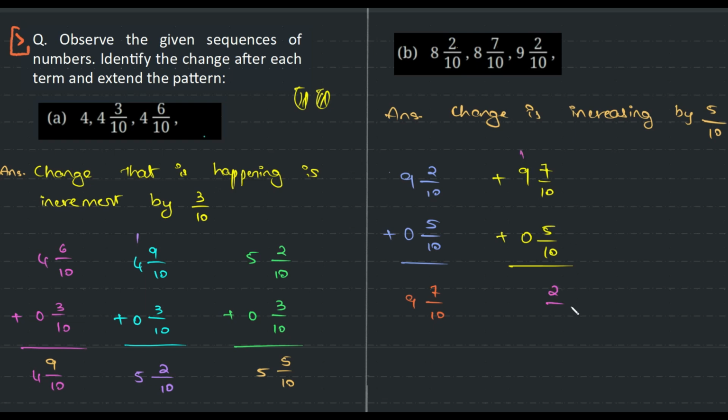So I'll take a borrow, I will carry over. 9 plus 1 is 10. 10 and 2 tenths I'm adding to 5 tenths. And we have 2 and 5 is 7. And 10 and 0 is 10. So 10 and 7 tenths.